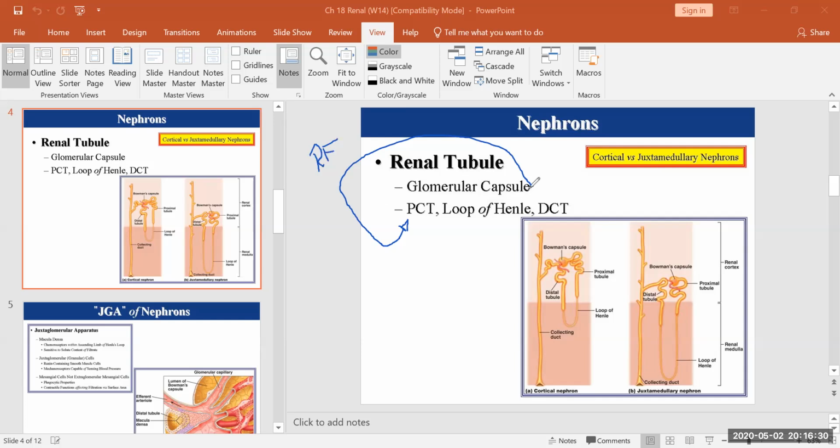The renal filtrate is leaving the glomerular capsule. It goes into the PCT. From the PCT, it's gonna flow into the loop of Henle. And from the loop of Henle, it will flow into the DCT. And the DCT will be connected to the collecting duct.